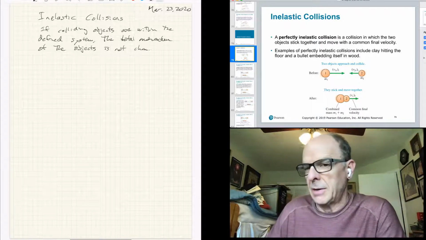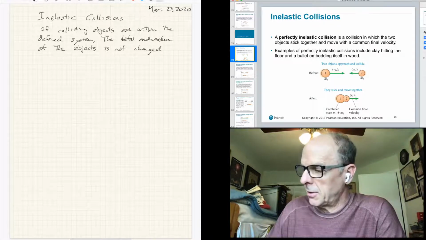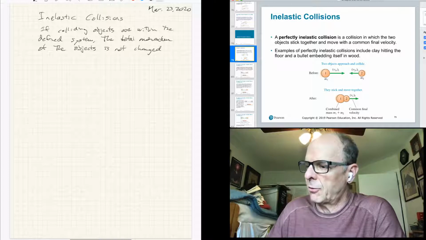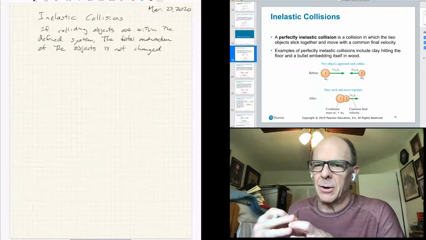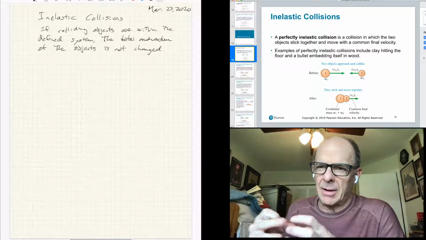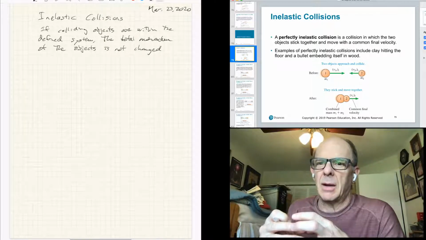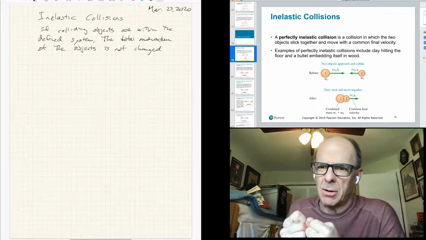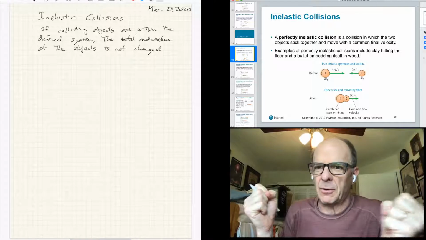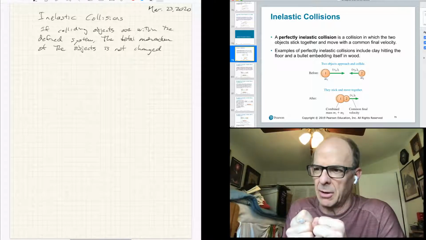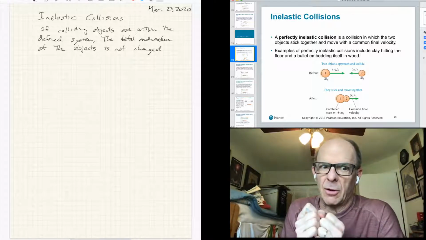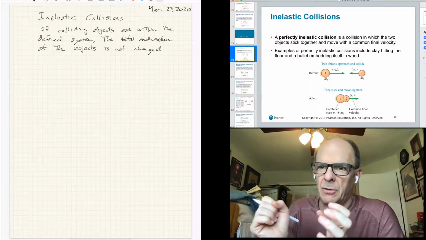And this is kind of an amazing thing on the one hand. On the other hand, the universe would be a very strange place if this wasn't true. But it means it doesn't matter what happens in the details of the collision. If it's a bouncy ball bouncing off another bouncy ball, or if it's two lumps of clay coming together, the total momentum is conserved in both cases, regardless of what happens.